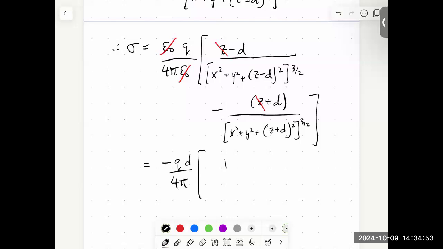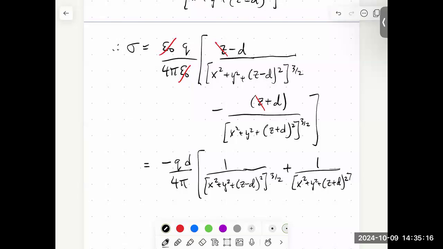And then it's 1 over x squared plus y squared plus (z minus d) squared to 3/2. My plus, I pulled out the minus sign. So 1 over x squared plus y squared plus (z plus d) squared, and all of that to 3/2. Okay, so it's a bit of a mess right now.